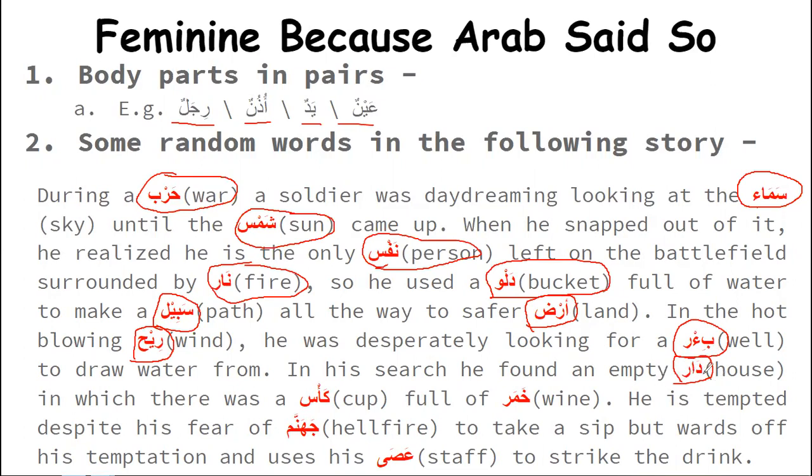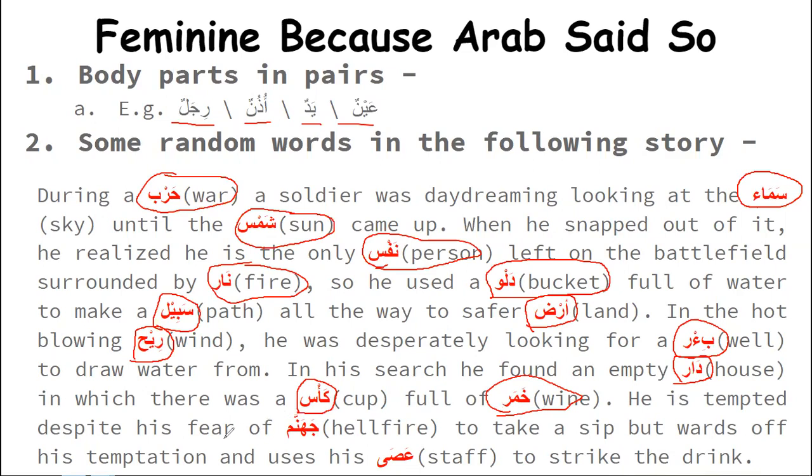This word only, dar, house. So in his search, he found an empty house in which there was a cup, kas. Cup is feminine also, kas. Kaf, hamza, kas. Kas full of khamar. Khamar we know, right? Wine. So he found in his search a cup full of wine.